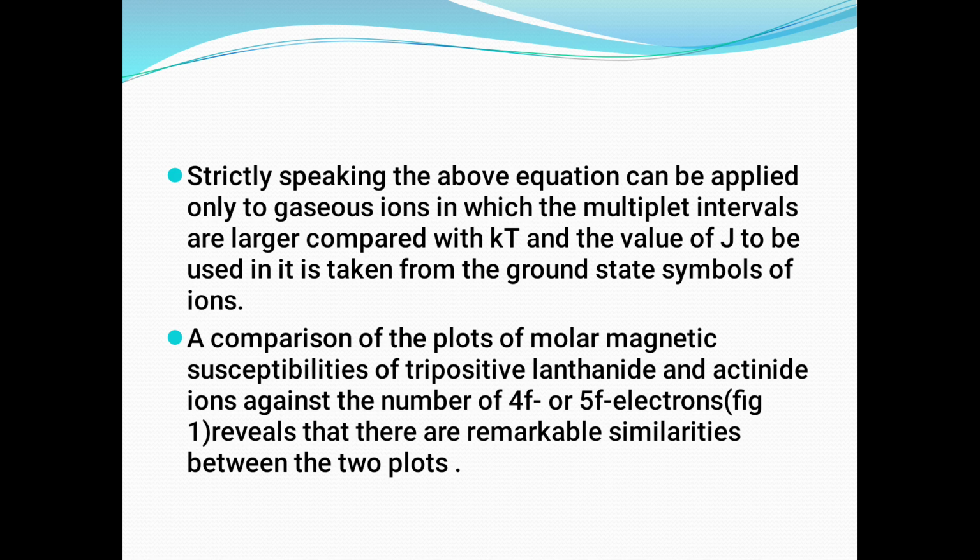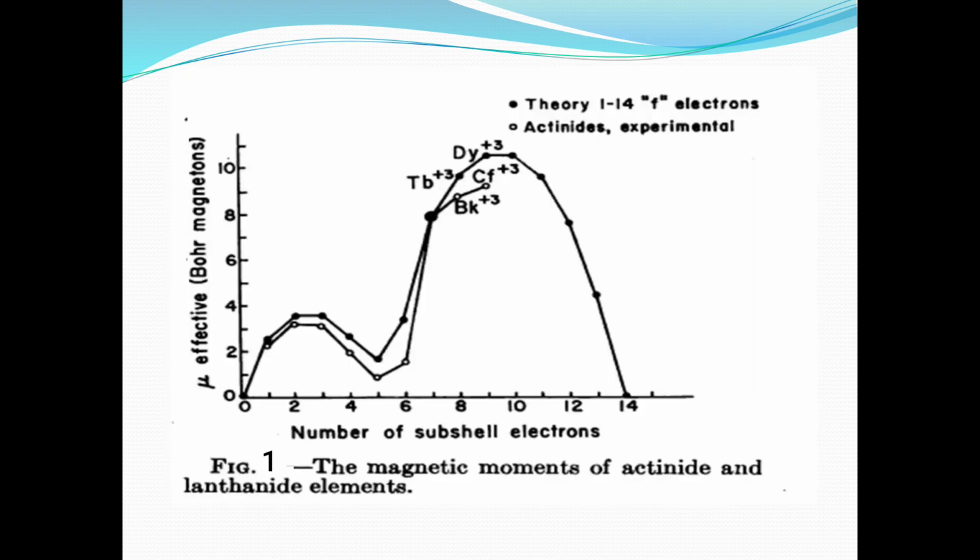The above equation can be applied only to gaseous ions. A comparison of plots of magnetic susceptibilities of tripositive lanthanide and actinide ions against 4f and 5f electrons shows the magnetic moments of actinide and lanthanide elements.